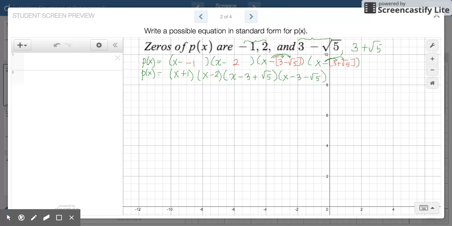So now to put this in standard form, we just need to multiply these 4 factors. I'm going to multiply these 2 together first, and then these 2 together, and then we'll multiply the results after.